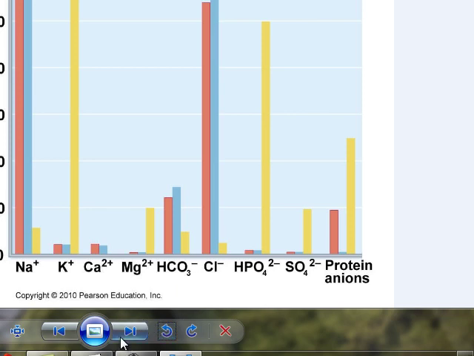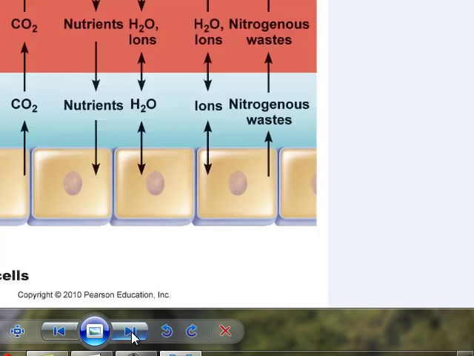Which side? Correct. Because of that guy. So negatively charged on the inside, positively charged on the outside. Why is it positively charged on the outside? Because of who?